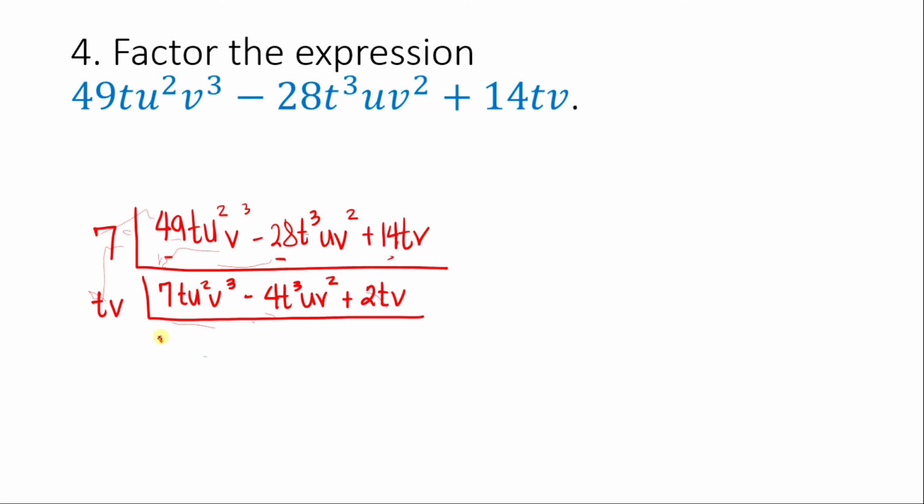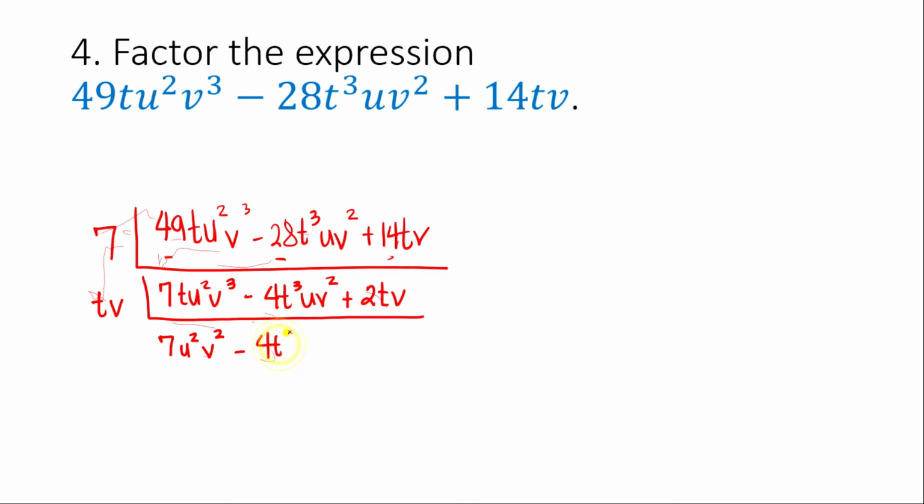Right? So, 7. T over t is cancelled out. U squared is still the same. And then v cubed divided by 1v here. So, 3 minus 1. So, v squared na lang ang natira. Alright? 4. We factored out t to the first power.